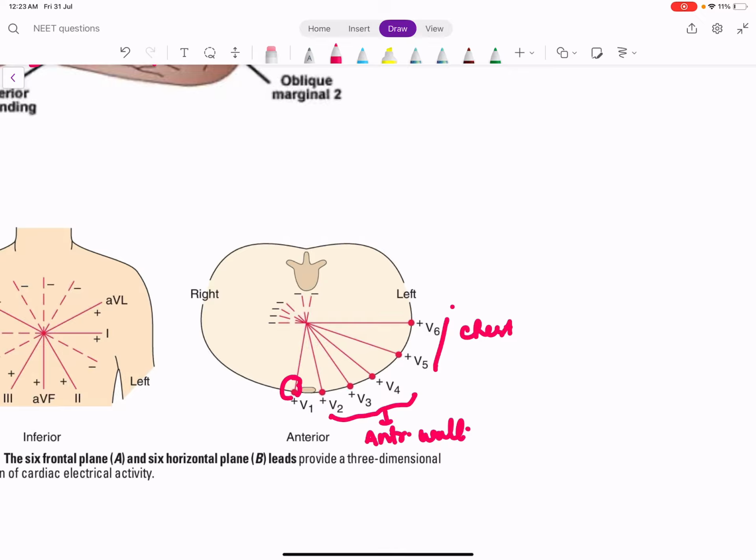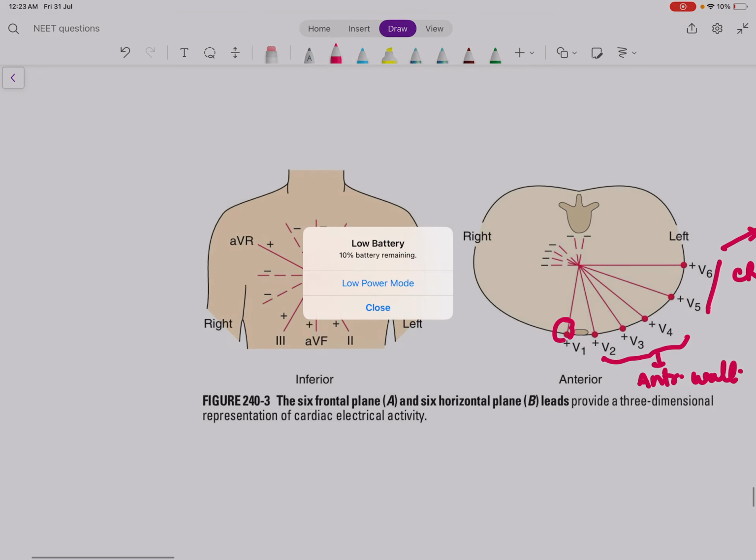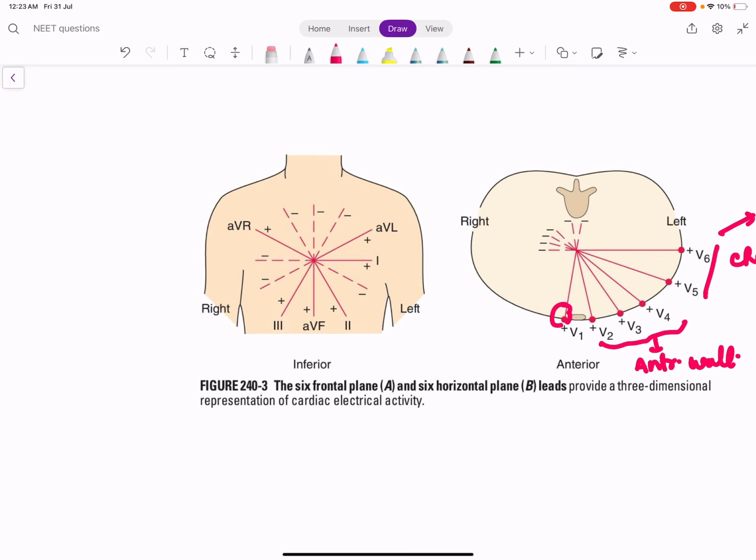V5, V6 are lateral, so they see the lateral wall of the heart. Right? V1 is right, V2 to V4 is anterior wall, V5 and V6 is lateral wall. So you can see the vector direction here, right?